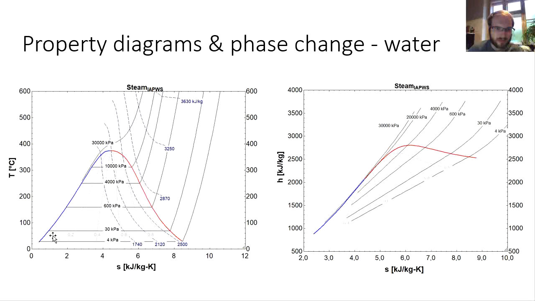Further on, we can see here in the solid lines the isobars, lines of the constant pressure. These are important for us because many of the processes we will be using and considering are isobars or very close to them.